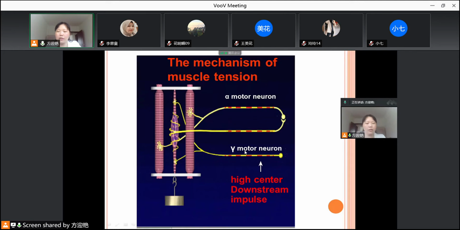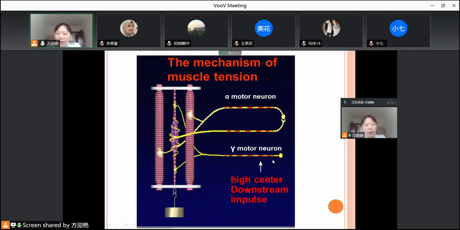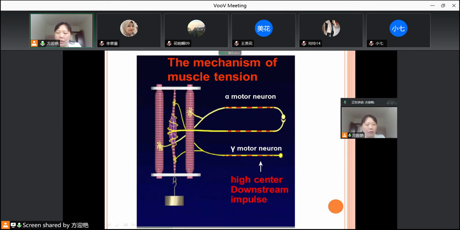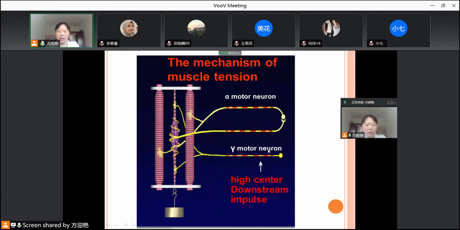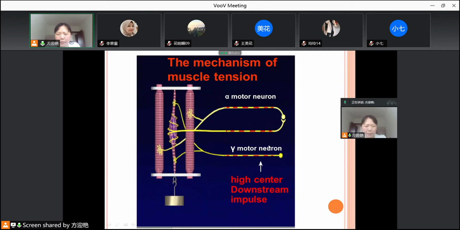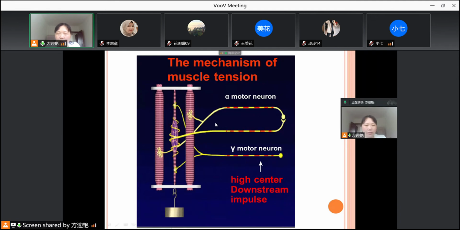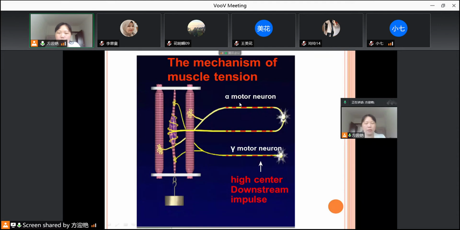So the gamma motor neuron can also be innervated by the higher centers' descending impulses, and if the gamma motor neuron is excited, it can increase or enhance the stretch reflex, or lead to the alpha motor neuron's reactions.